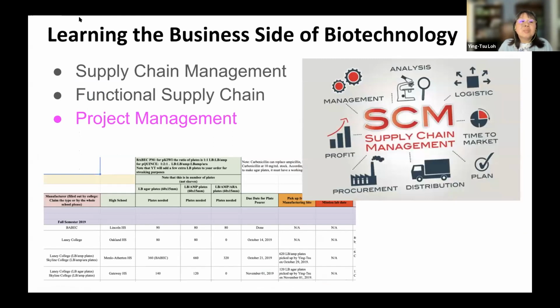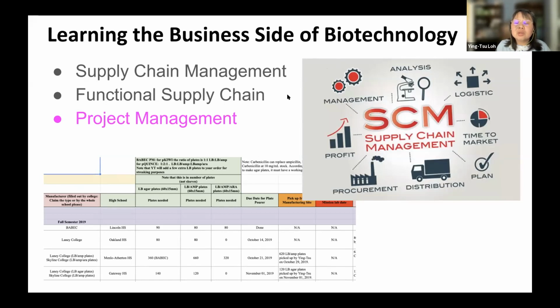So another piece of the supply chain is learning the business side. And we recently have been having these large meetings with industry and with faculty. And what we have heard from industry is that students need to learn the business side of biotechnology. And with supply chain, it's called supply chain management, functional supply chain, integrated supply chain.